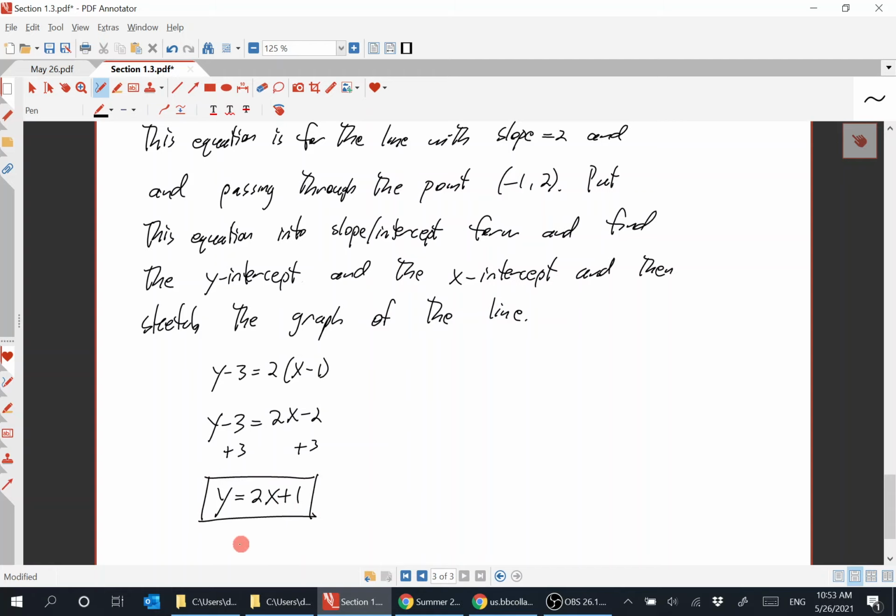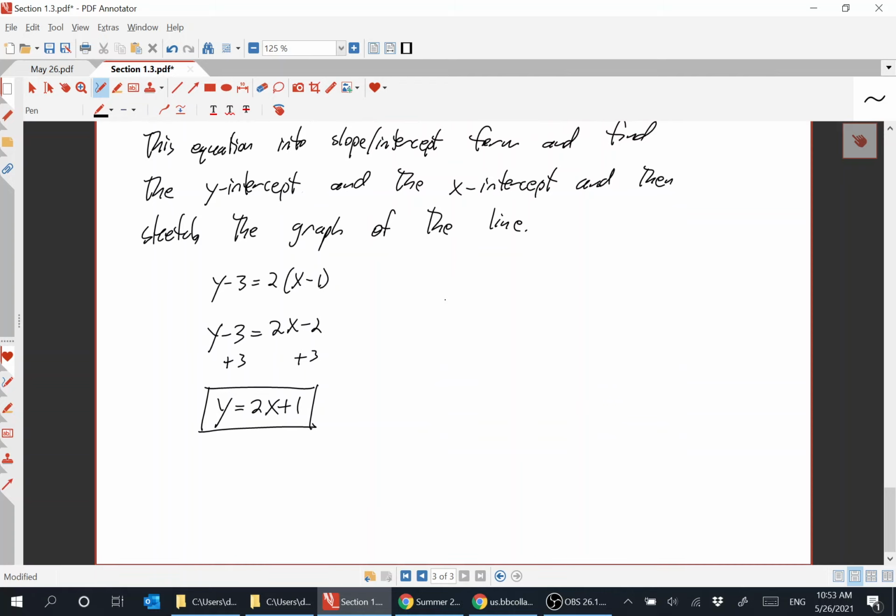So now this has the form y equals mx plus b, right? It has this form.